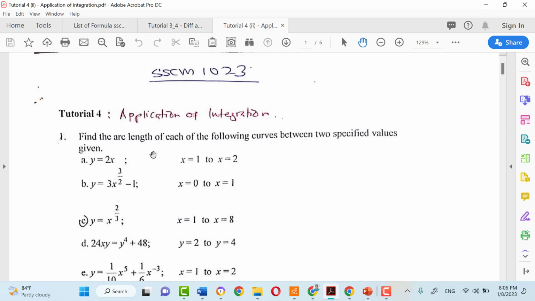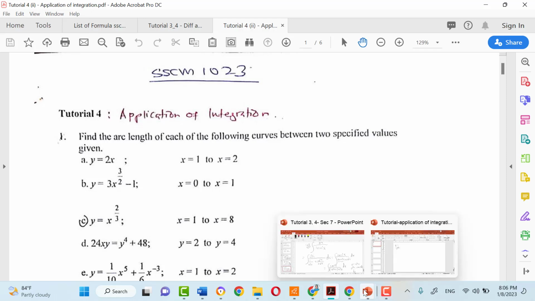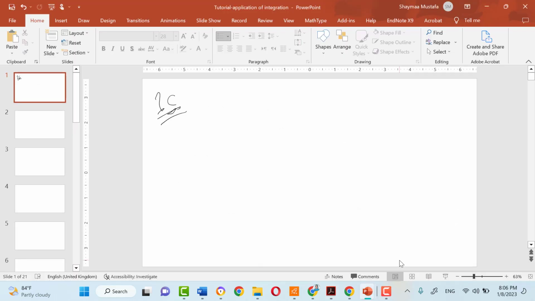We have to find the arc length. So we need to solve this one.